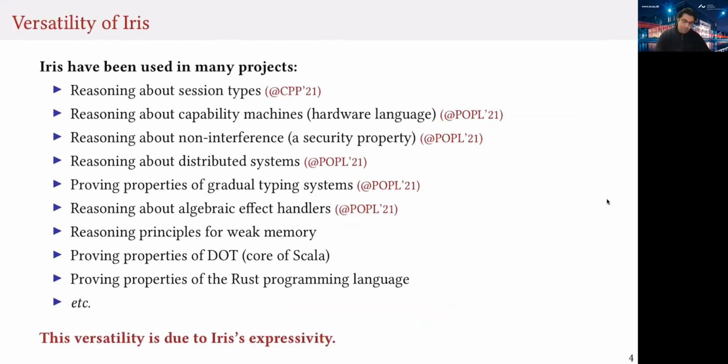But why Iris? Why is Iris interesting? Iris is interesting because it is very useful. It has been applied to many, many different projects, from verifying session types to reasoning about hardware machines, security properties, reasoning about distributed systems, gradual typing, effect handlers, weak memory properties, the language theoretic properties of the DOT programming language, the core calculus of the Scala language, the properties of the Rust type system.